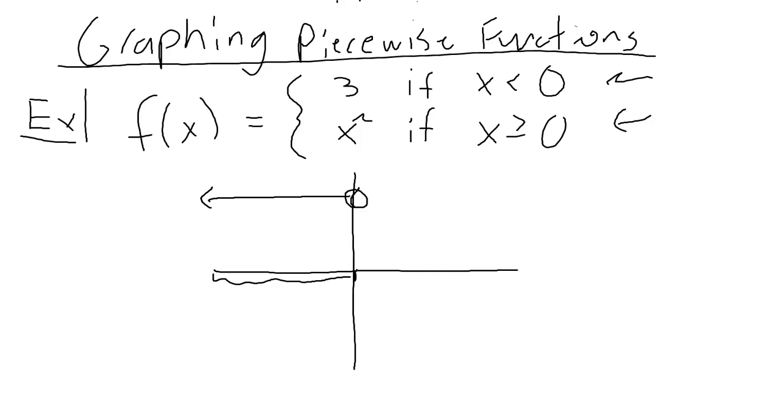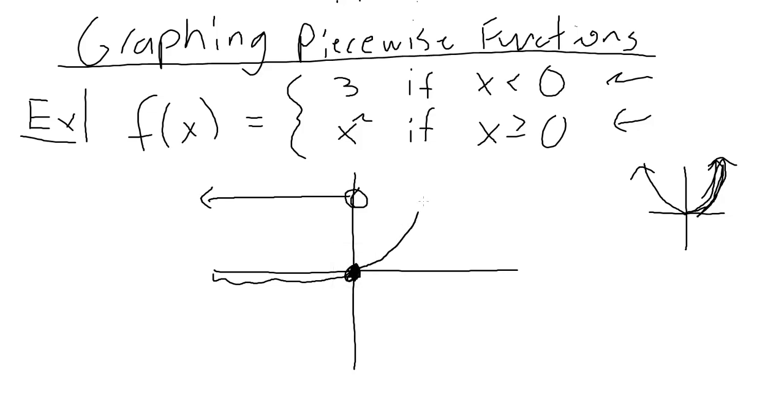And then f of x equals x squared if x is greater than or equal to 0. So when x equals 0, it equals x squared, which is 0 squared, which is 0. So our first point of the new piece is the point (0, 0). And then for the rest of it, if we remember our graph of f of x equals x squared looks like this, then the right piece is the piece we want, because that's for all the x's greater than or equal to 0.